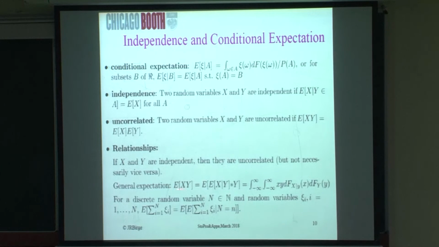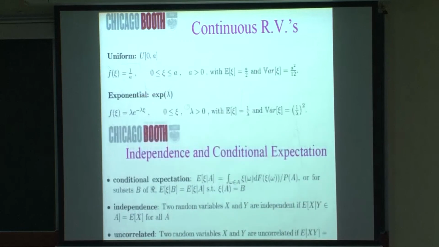It may be hard just to figure out what the expectation of these two things is. However, you may be able to do it conditionally. Often what you can do is condition on one of the random variables and say, okay, if I know that this one takes on certain values, then I can take the expectation of x.